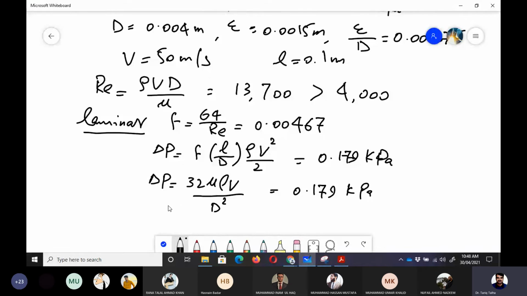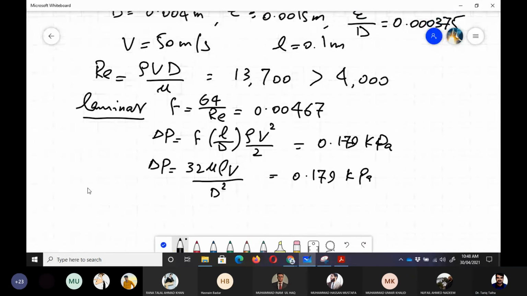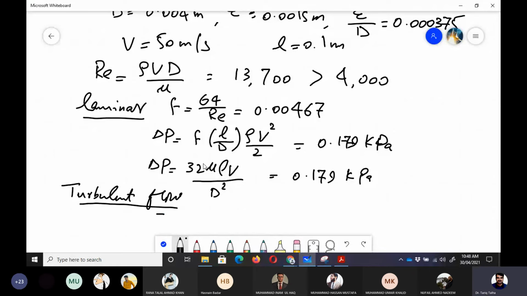So in the range of 2,000 to 4,000, it is transition. So for the turbulent flow, we need to calculate f, which is the friction factor. Now we have got two, three cases.